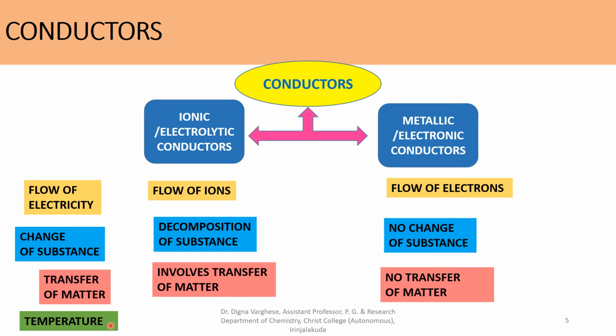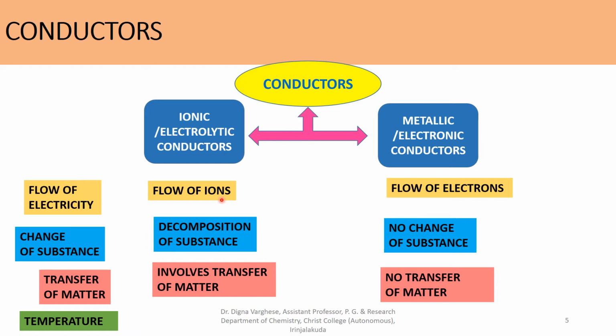What about the temperature increase in the system? For ionic conductors, the conduction is due to the flow of ions. Increasing the temperature in the electrolyte means the velocity of the ions also increases, so they move faster.